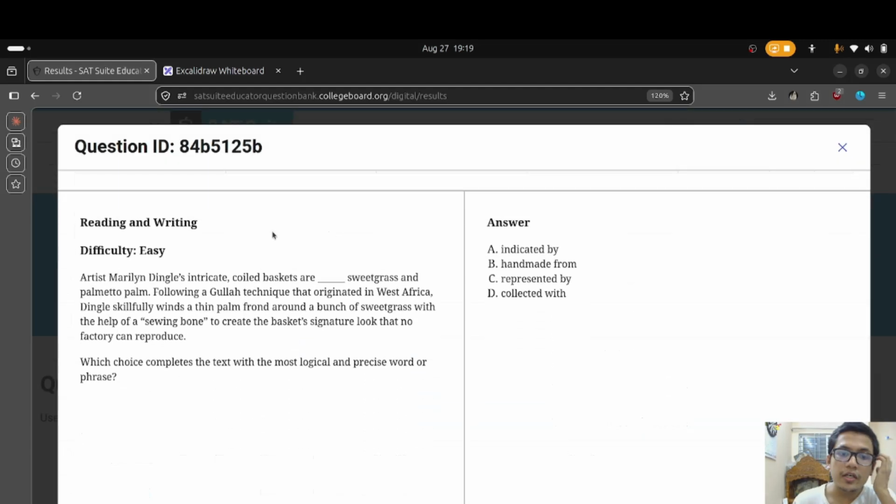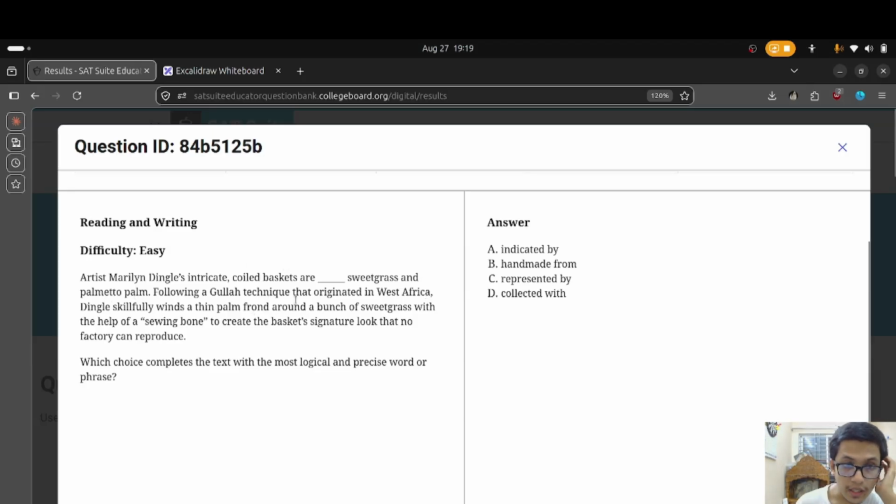Okay, so the artist Marlin Dingy's coil baskets are dash sweetgrass and palmetto palm. Now, how can a basket be indicated by sweetgrass or palmetto palm?